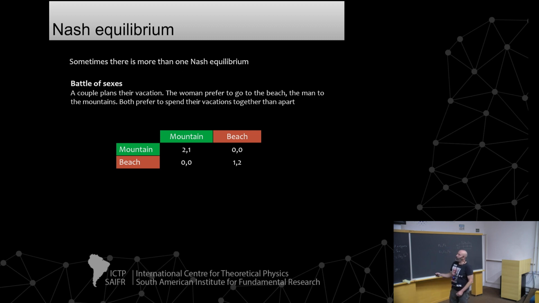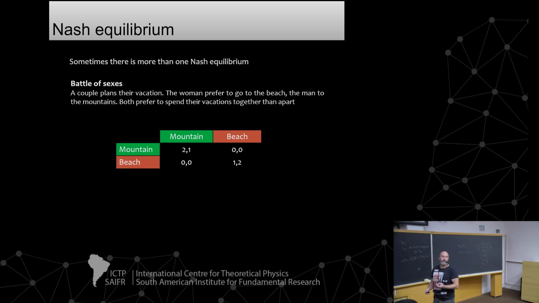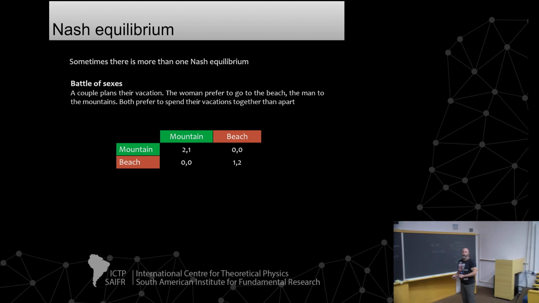So there is no incentive for the woman to go to the beach, and there is no incentive for the man to go to the beach. But suppose that both go to the beach. Again, there is no incentive for the man to go to the mountain or for the woman to go to the mountain. So here we have two Nash equilibria, both of them going to the mountains or both of them going to the beach. So in this game, we have two Nash equilibria.